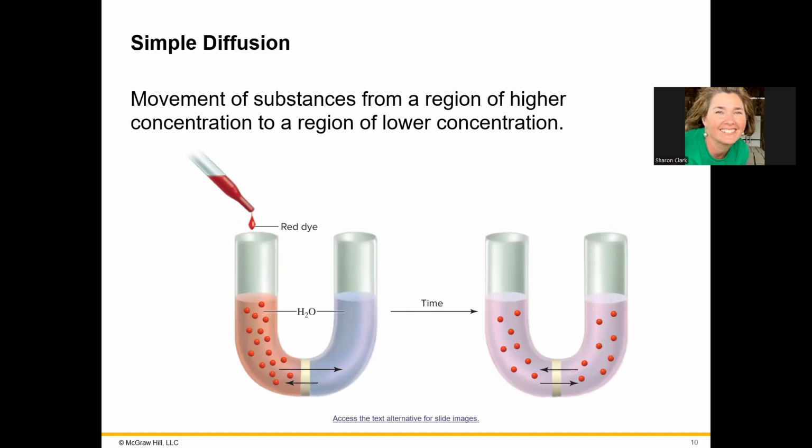And you see here in this example, the red dye more concentrated on the left-hand side of the container than on the right-hand side. Water will eventually cause these dye molecules to diffuse. They will move from where they're more concentrated to where they're less concentrated. So this simple diffusion process is one of the many benefits of water, the equilibrium.